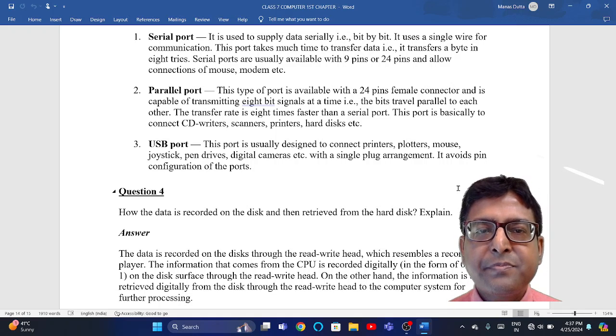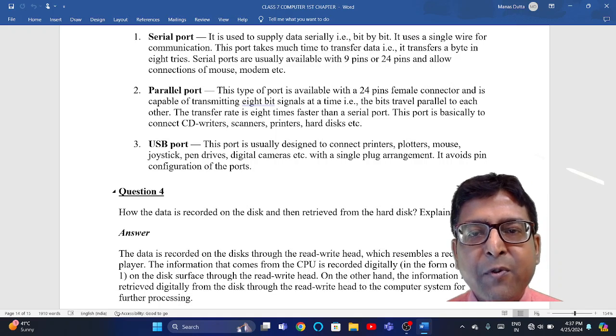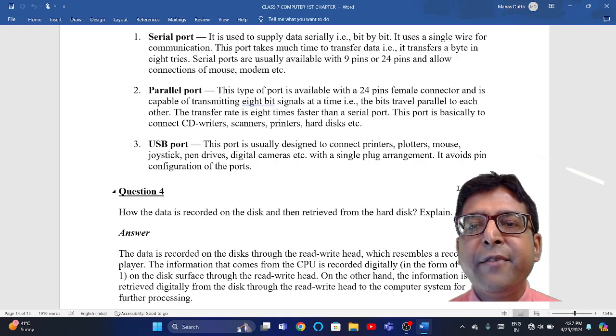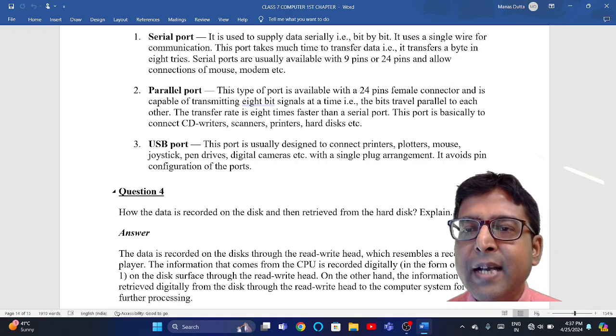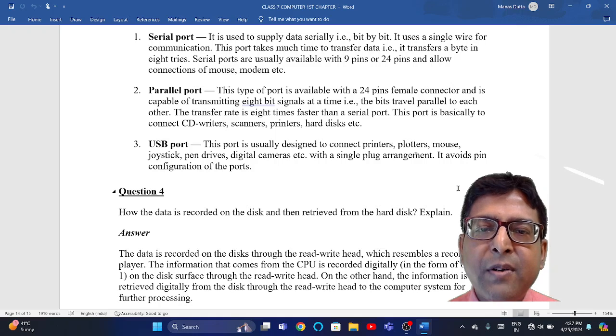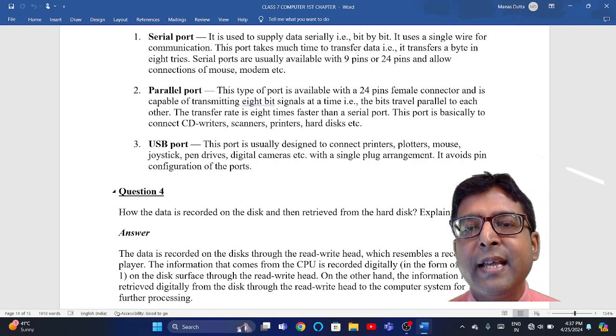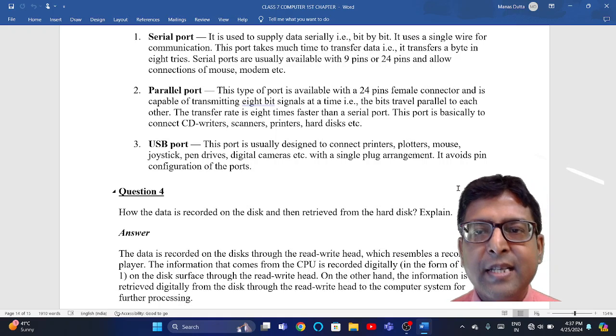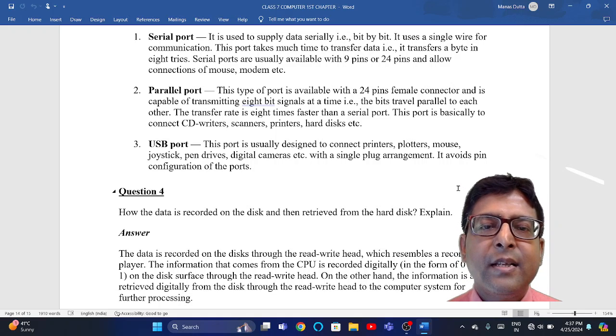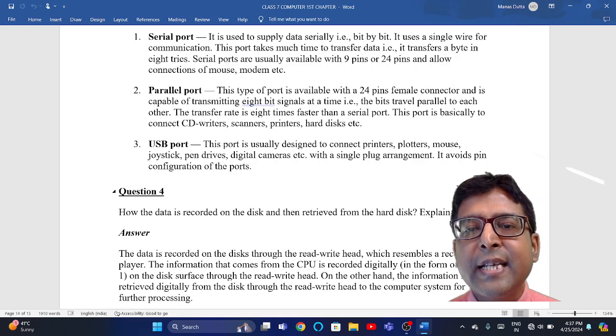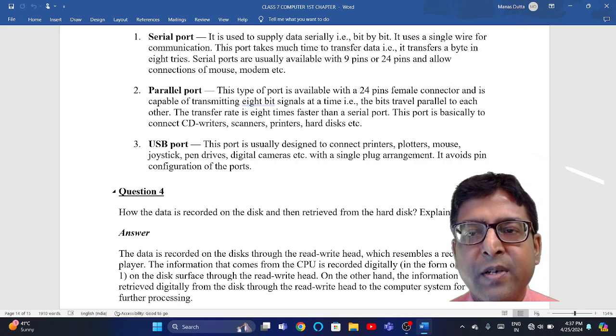Parallel ports. This type of port is available with a 24 pin female connector and is capable of transmitting 8-bit signals at a time. That is, the bits travel parallel to each other. The transfer rate is 8 times faster than the serial port.